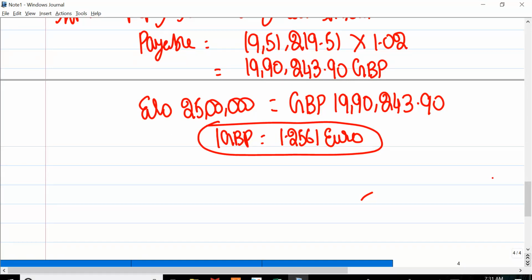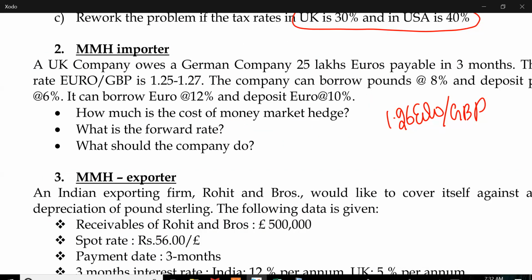on money market hedge would depend on the expected spot rate of the company, full stop.